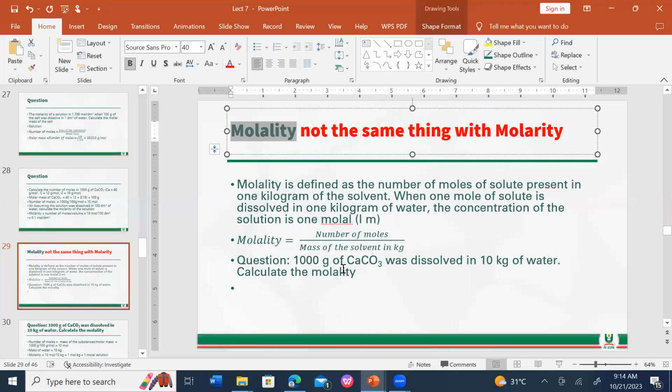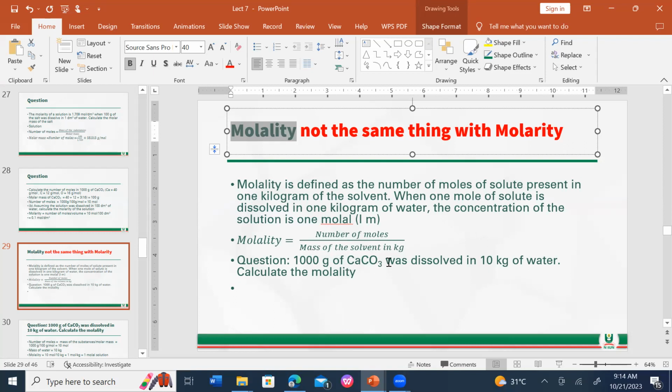So 1,000 grams of calcium carbonate was dissolved in 10 kilograms of water. Calculate the molality. You first of all find the number of moles in 1,000 grams of calcium carbonate. The molar mass of calcium carbonate is 100. So the number of moles will be the mass of the substance, which is 1,000, divided by the molar mass, which is 100.